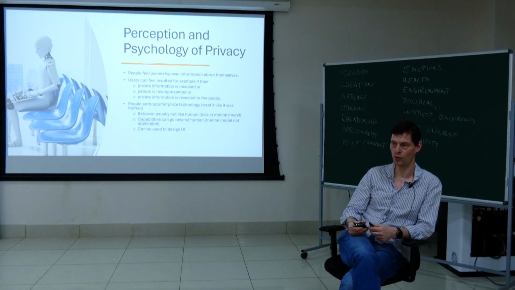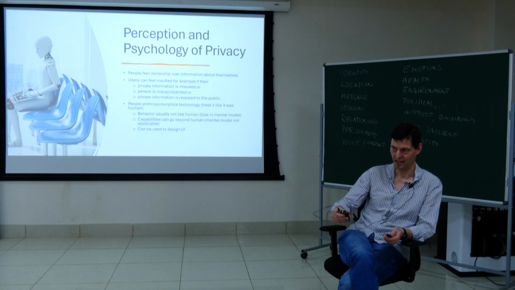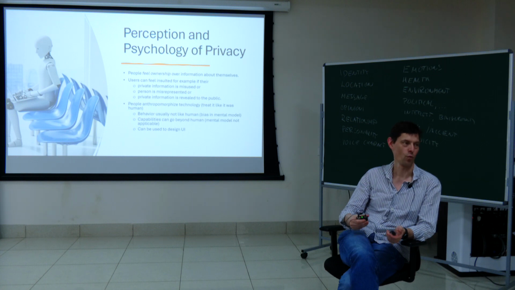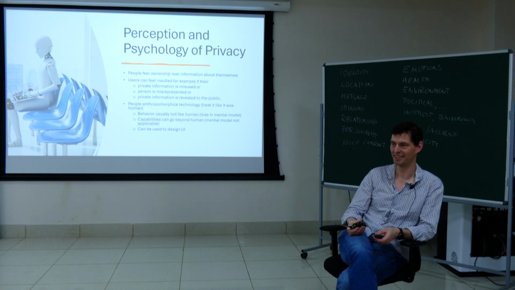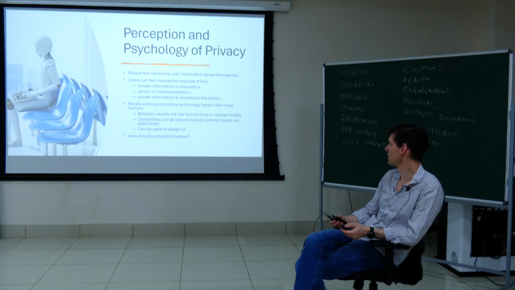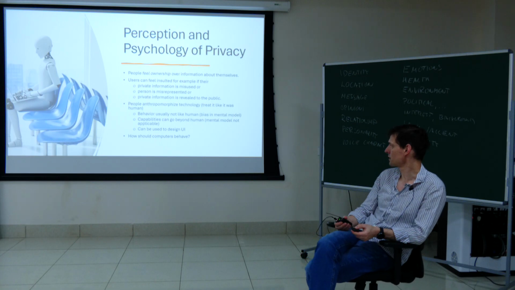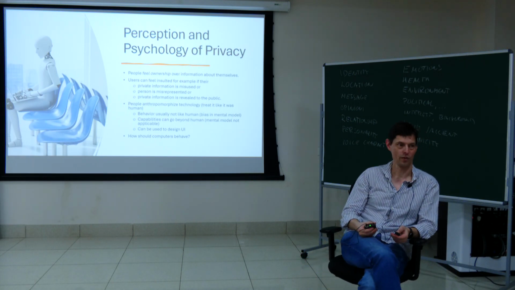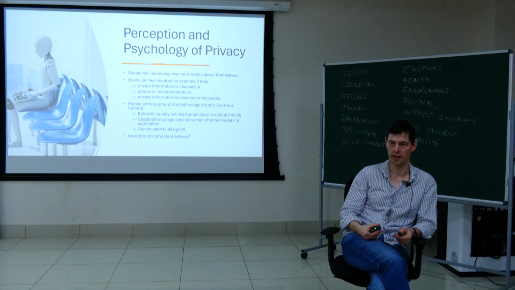How can we design a user interface such that it better communicates whatever we want to communicate? So then it becomes the question of what we want it to communicate. The design community can do that communication, but then it's a more community-wide discussion of how they should behave.